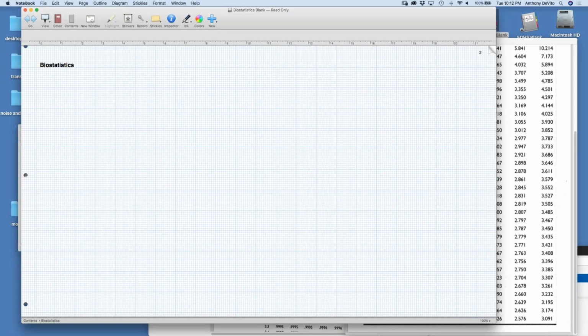Let's say the percentage of people in New York City that ride a bicycle to work on a regular basis, I'm going to make up a number, is 20%.